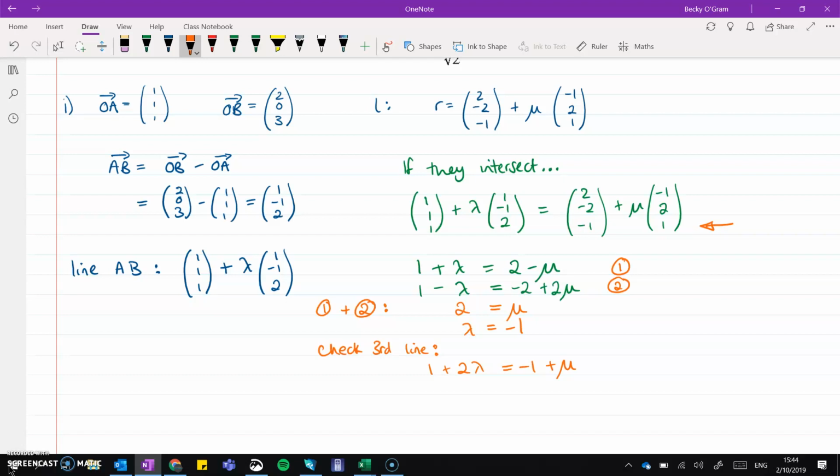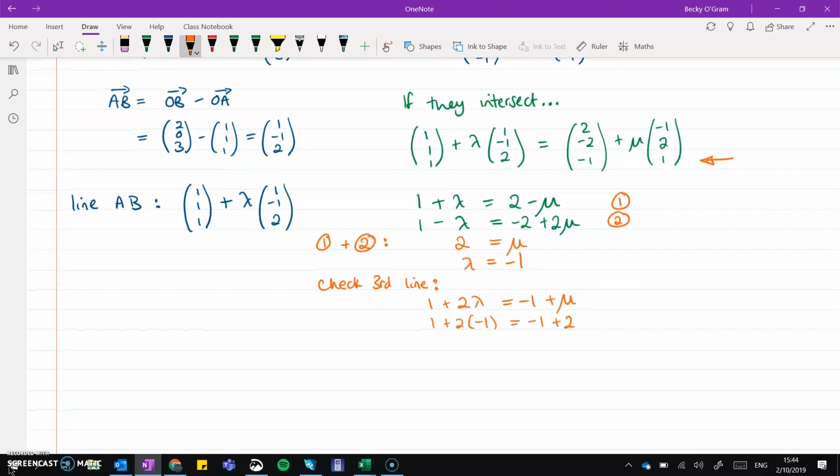But if lambda is minus 1 and mu is 2, then we end up with minus 1 on the left and 1 on the right, which is clearly not equal. So there is no solution, no point of intersection.